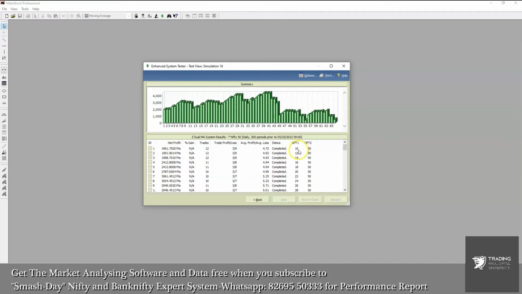So 10-day moving average and 50-day moving average, 12 and 50, all the 66 combinations are here. Now let us look at the result. Although this is showing only the profits and losses, there are a few things that we can take home.